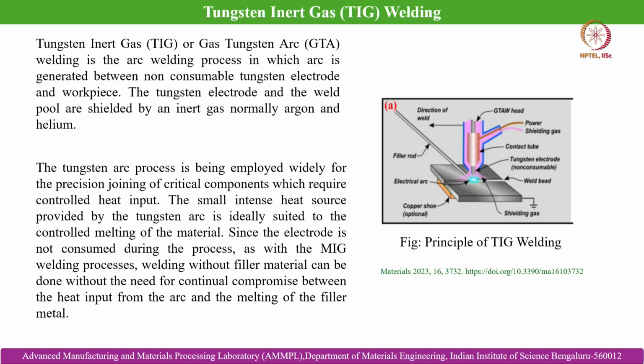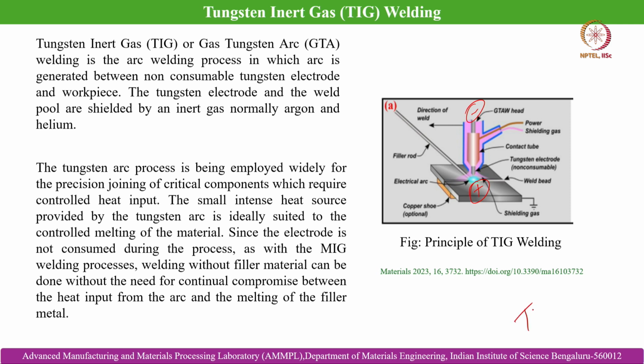The working principle is pretty similar to the metal inert gas welding technique. The only difference is that in this case we use a non-consumable tungsten electrode for arc generation, and other things are the same, like the electrode serves as negative polarity, and the workpiece serves as anode with positive polarity. The filler metal can be both.